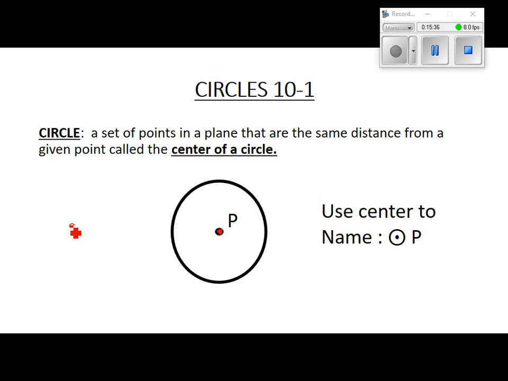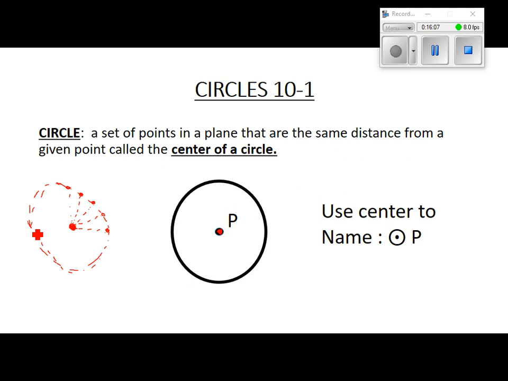If I put another point that's 7 units from that point, the definition of a circle is to find every point in this plane that's exactly 7 units from that point. And when I find all those points, what's it going to end up making? A circle.